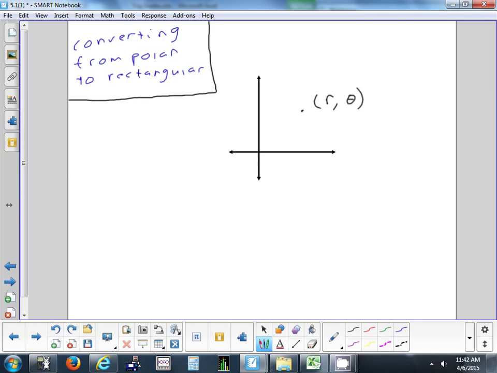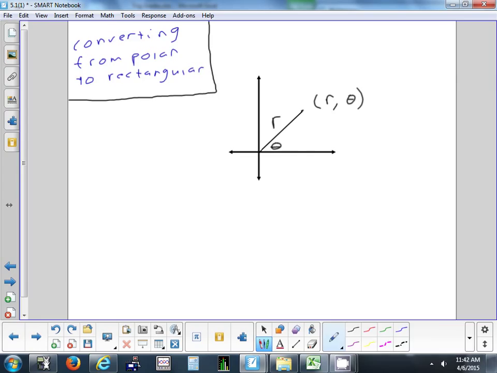Okay, so in polar, those are the two things you would have. This point has a radius, which would be from here to there. That's r. And it has an angle. That would be your angle right there. Any thought what shape I can use here to maybe figure this out?